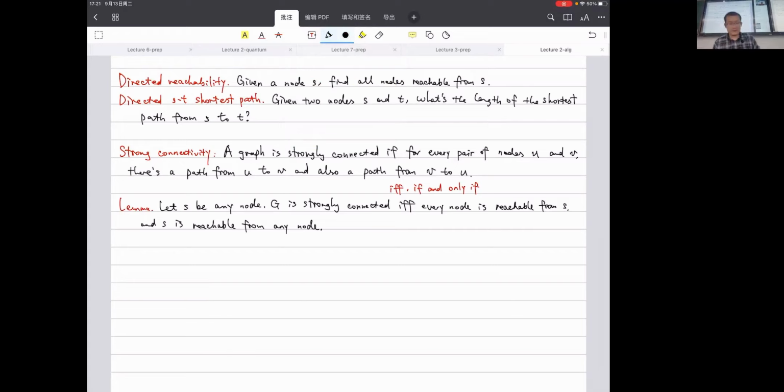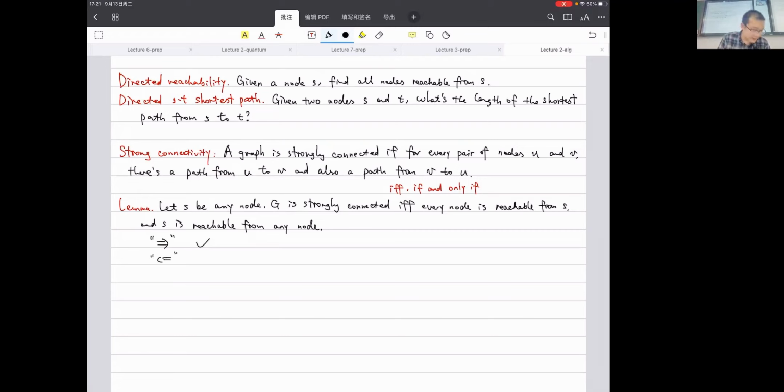In general, this just means that to consider the strong connectivity of a graph, it suffices to consider a certain fixed S and see whether all vertices are reachable from S, and whether S can be reached from all vertices. This is relatively straightforward, because one direction is trivial according to the definition of strong connectivity.